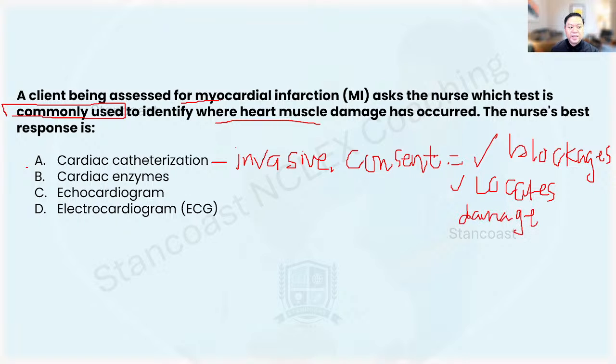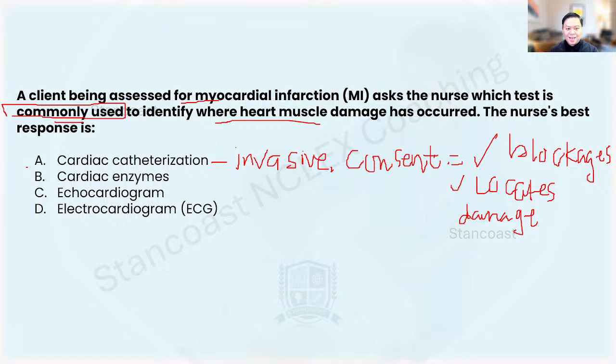But don't forget about the clue here, commonly used, okay? Now, what makes this option wrong is that it is not typically the first line testing to determine the location of the myocardial damage in the acute setting. It will be done as a follow-up.